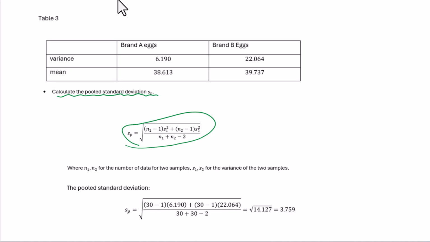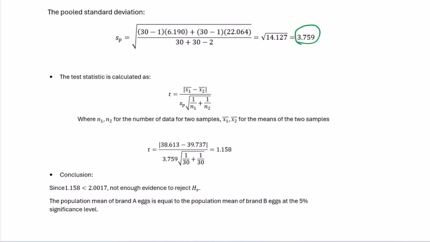Let's do the substitution. S sub p equals 3.759.